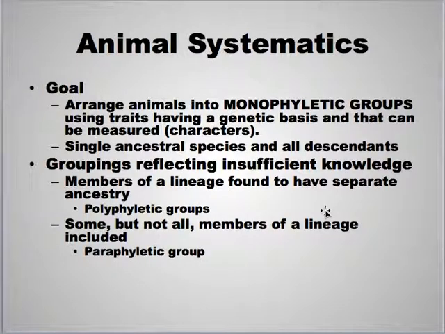The reason that we use systematics is that we're trying to find and define monophyletic groups. That is, groups that are descended from a common ancestor. So we want to know the single ancestral species and all of its descendants. Kind of like genealogy, I suppose.